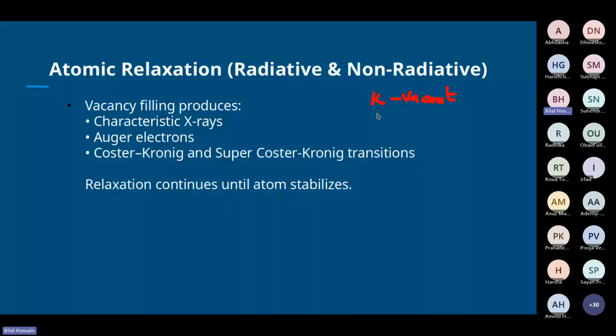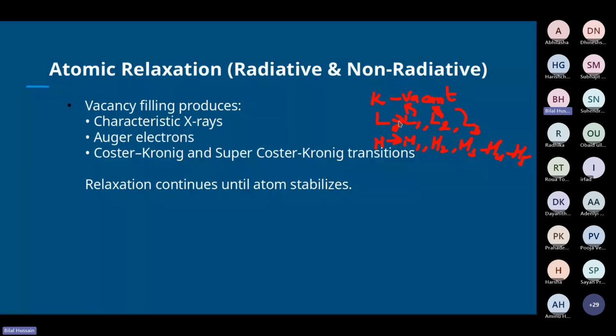It can be from the L shell, like L1, L2, L3. It could be from M shells, M1, M2, M3, M4, M5. It could be from anything. Likewise, an L shell vacancy can be filled from any of the shells here. It's completely probability.